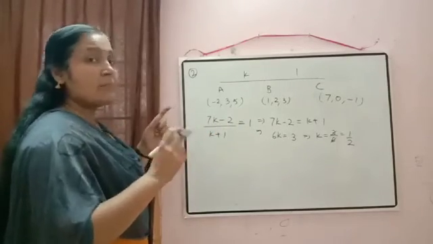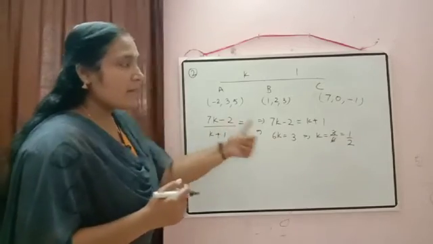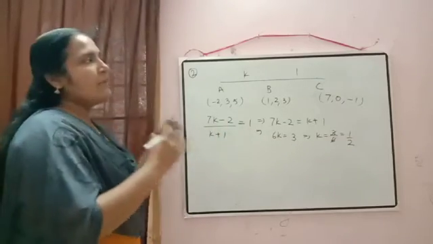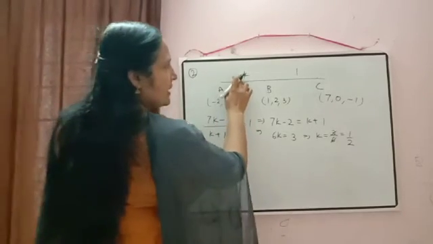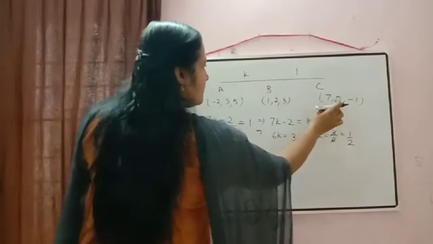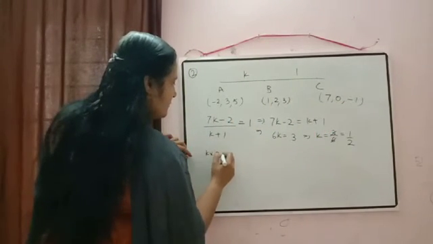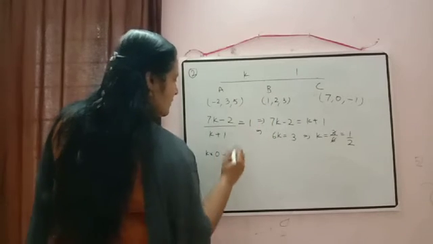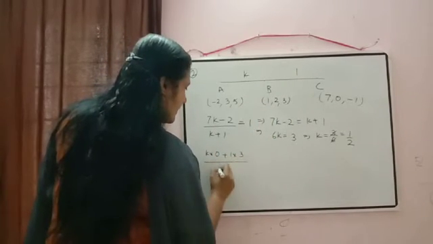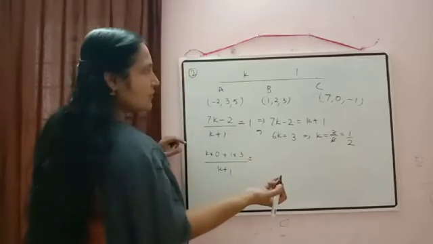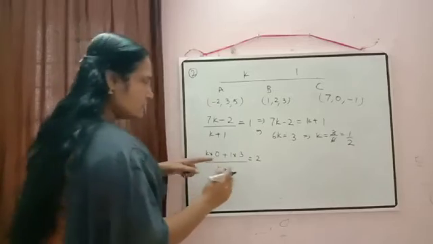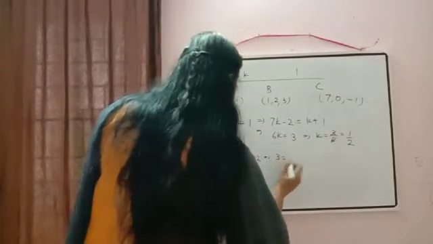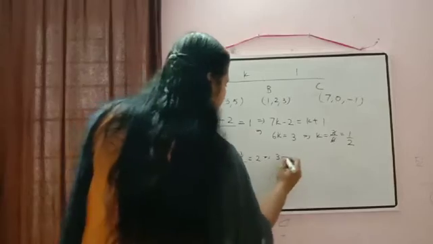Now we will check the remaining two cases also. If the value of k is the same, then we will say they are collinear. Now, what will be the y coordinate? Just check here. k into 0, plus 1 into 3, by k plus 1, is equal to 2, since the y coordinate of B is 2. Here k into 0 is 0, so we get 3 is equal to, by cross multiplication, 2k plus 2.